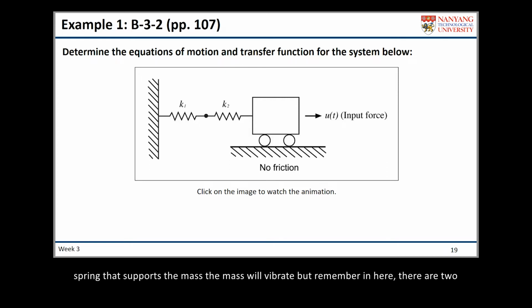But remember, in here there are two springs connected in serial, and because of the flexibility of these two springs, the junction between these two springs will also move differently than the motion of the mass. So as an illustration, you can see how the system will move in this very short video.